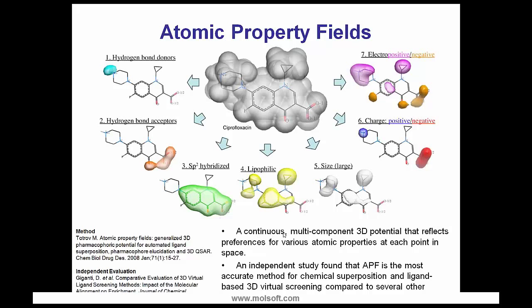It's a continuous multiple component 3D potential that reflects 7 different properties, such as hydrogen bond donors, acceptors, and charges, etc. It's also been found to be one of the most efficient methods for ligand-based virtual screening by an independent evaluation by a group in Paris.